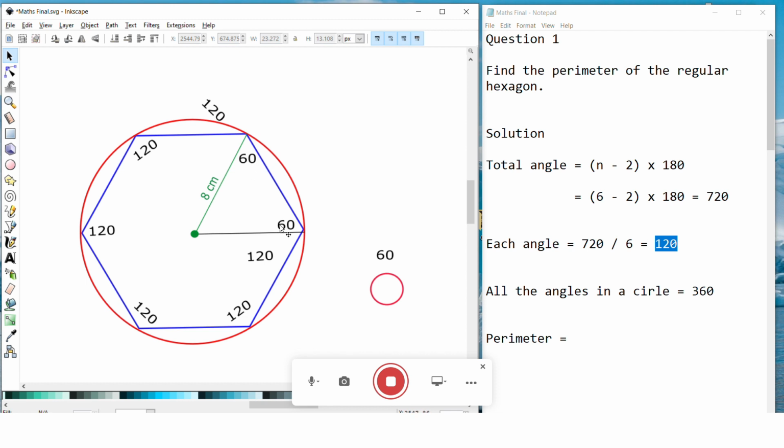So 60 plus 60 is 120, and 120 subtracted from 180 gives us another 60 degrees. So this is obviously an equilateral triangle because all the angles are 60 degrees. That means if here is 8 centimeters, then over here is also 8 centimeters. So I'm going to just put this over here.